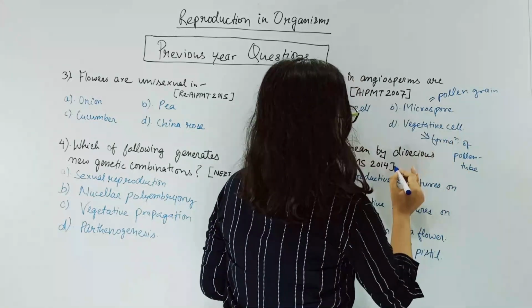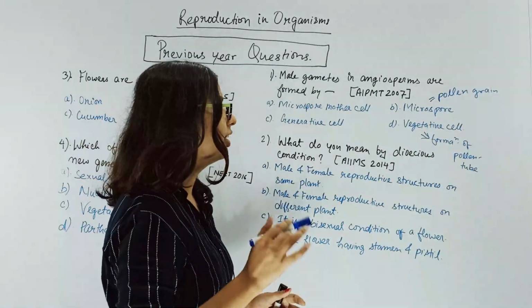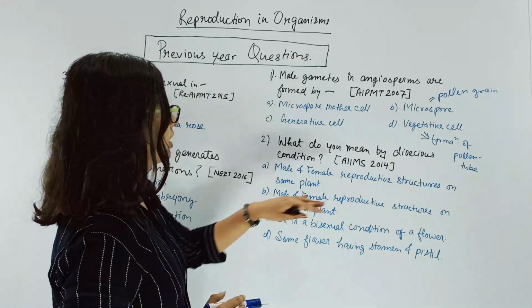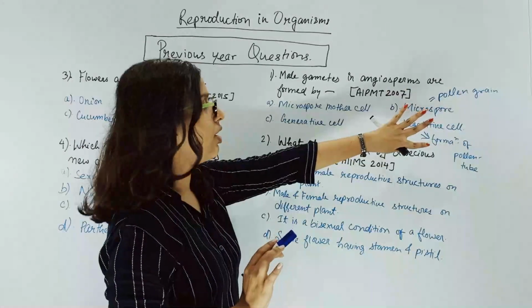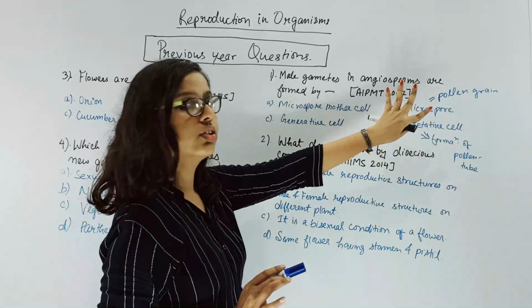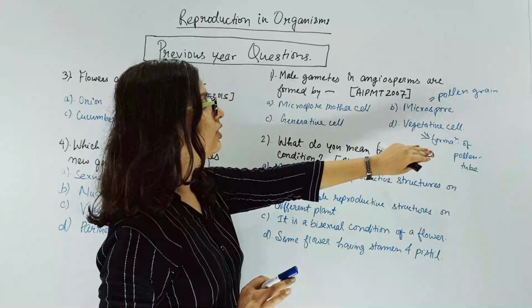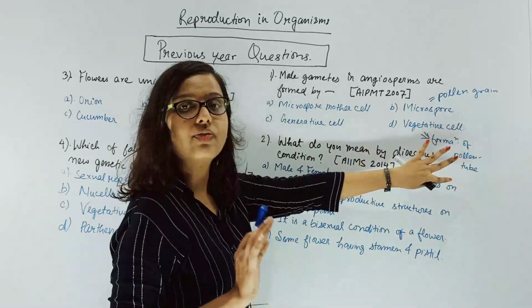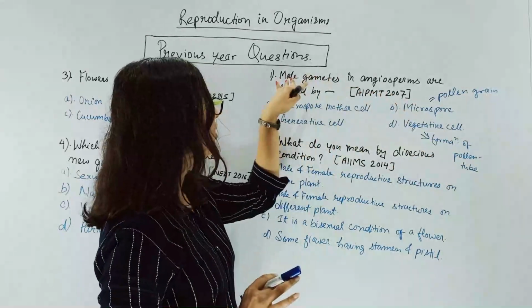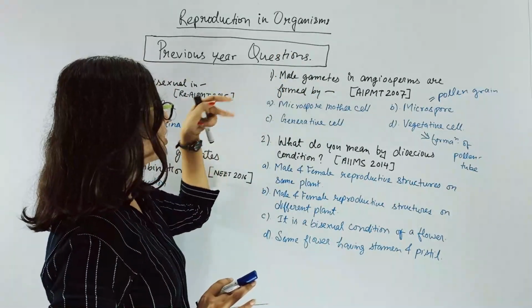You are going to discuss the formation of pollen tube in the next chapter in detail. So these two options are crossed out. Microspore cannot form the male gamete. Simply, microspore contains the male gamete. Then the vegetative cell is responsible for formation of pollen tube, not for the formation of gametes. So we are left with two options.